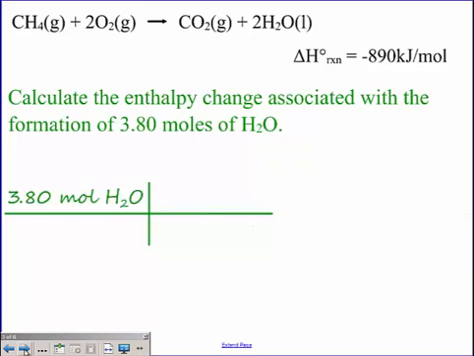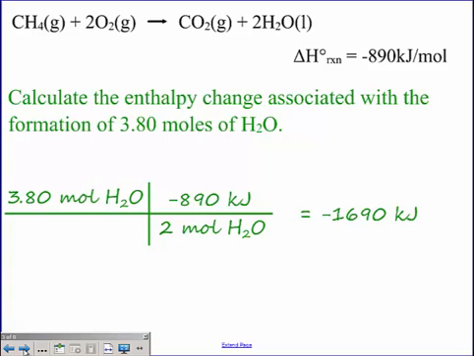Starting with our given, as always, 3.8 moles of water. We then write the relationship between moles of water and the heat change as a conversion factor. That's 890 kilojoules for every 2 moles of water in the reaction. Then do the math to get the answer, negative 1,690 kilojoules.